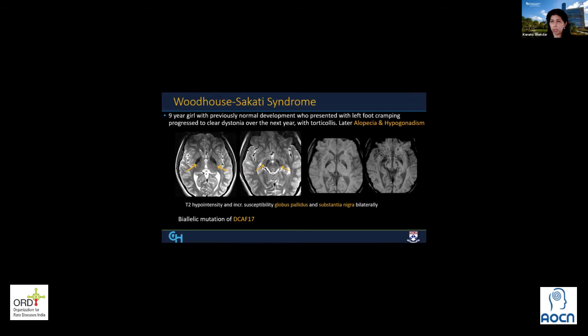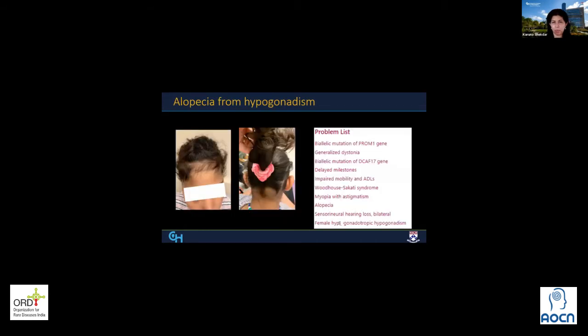And the clues here are the alopecia and hypogonadism. Imaging-wise, she's still prepubertal, but post-pubertal, these patients actually have hypogonadism, so they may have very small pituitary glands seen on imaging. And this is actually her clinical picture that shows the patchy alopecia that she has because of her hypogonadism.